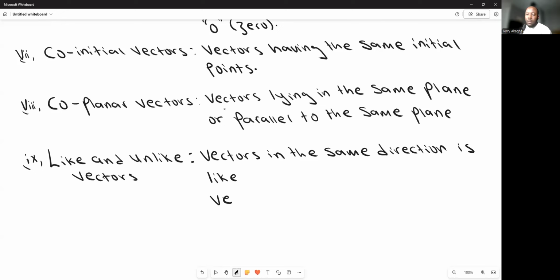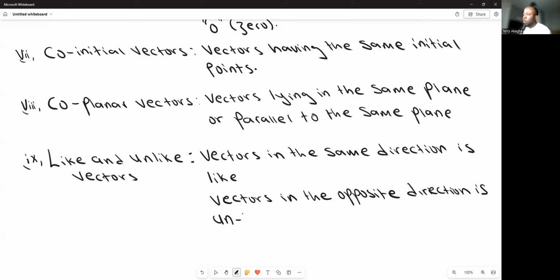While vectors in the opposite direction are unlike. All right, so that's the main difference between both of them. In the same direction, like; in the opposite direction, unlike.